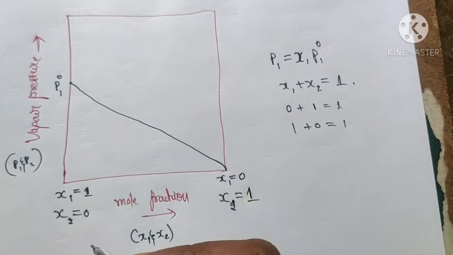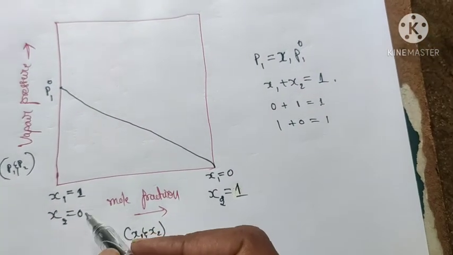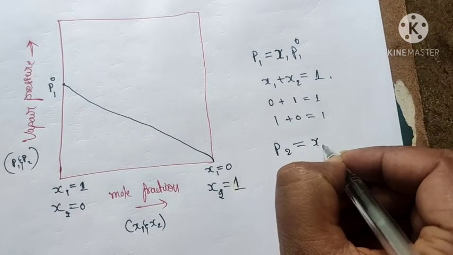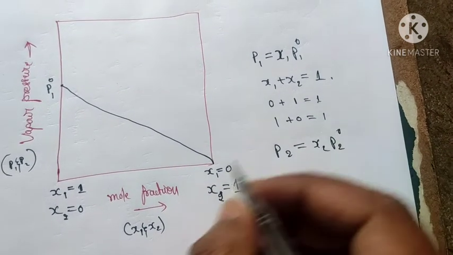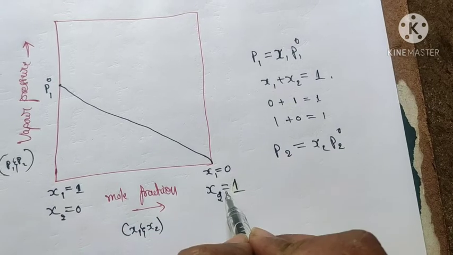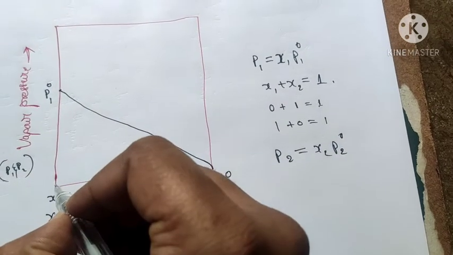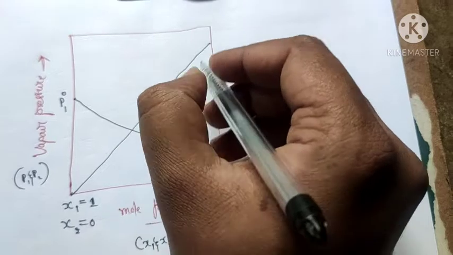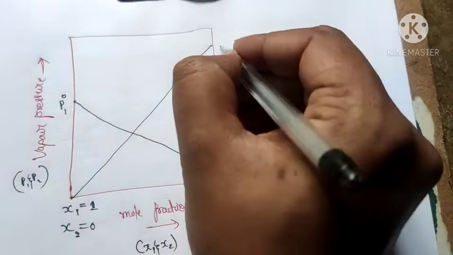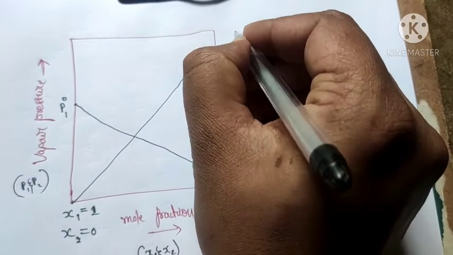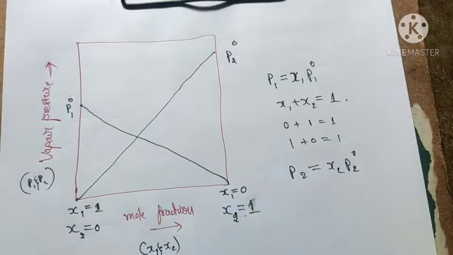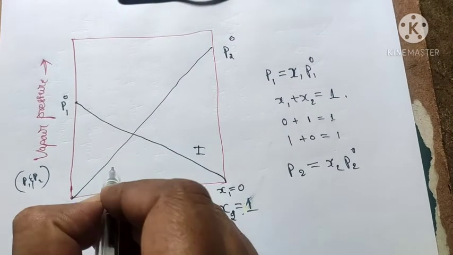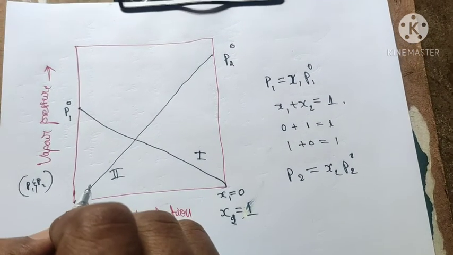So that makes the second line, the component P2 equal to x2 P2 naught. This goes on a straight line like this, indicating P2 naught. So this is the first line and this is the second line.